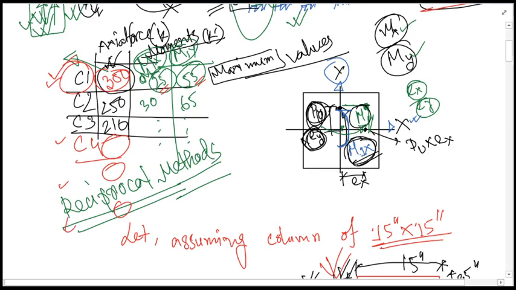So you can fix this particular dimension for all corner columns, and I will obviously recommend that all the corner columns have a similar amount of reinforcement and similar dimensions.